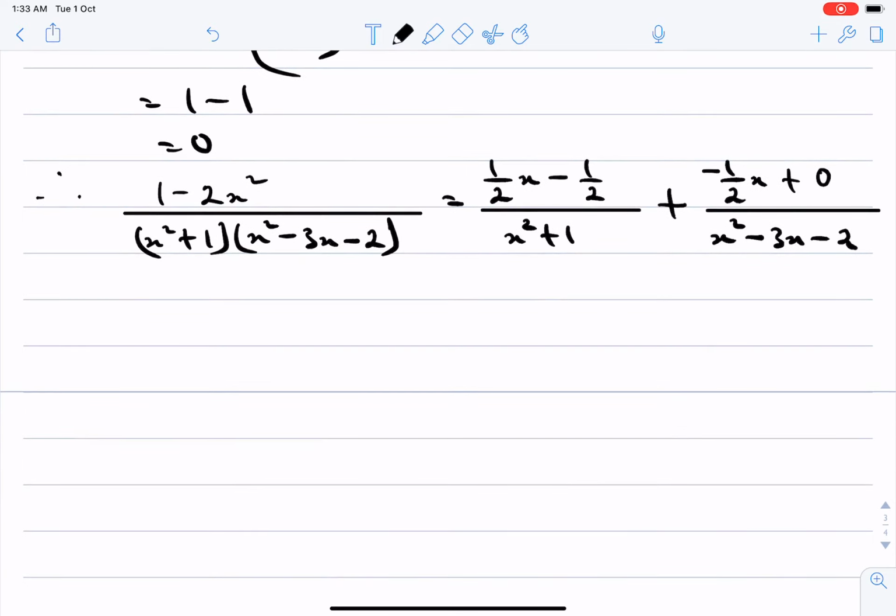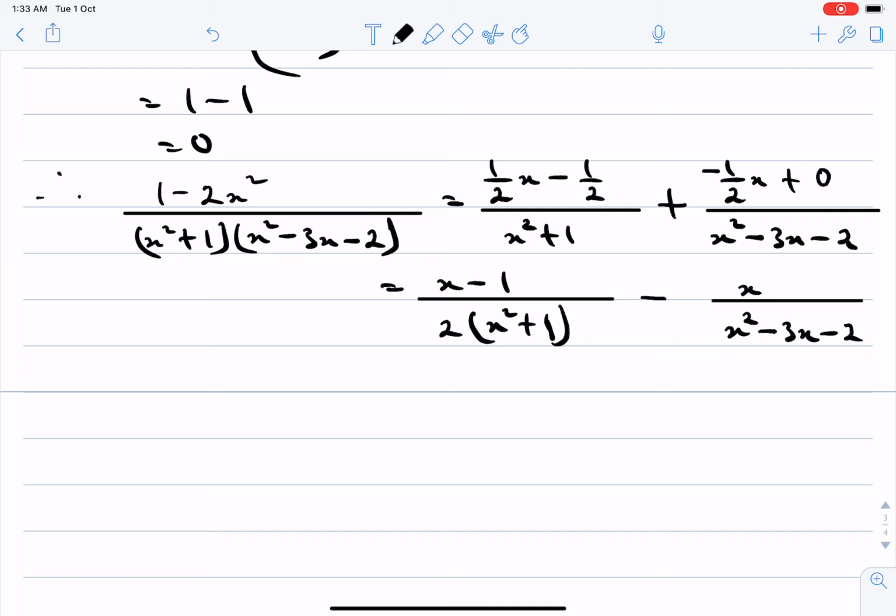And this is the same as x minus 1 over 2 divided by x squared plus 1, minus x over x squared minus 3x minus 2.